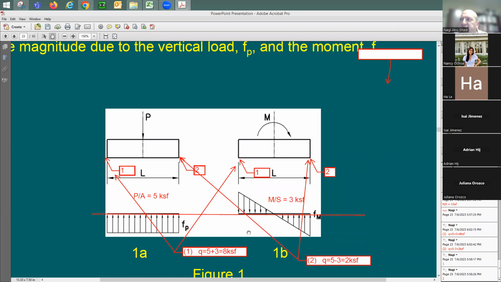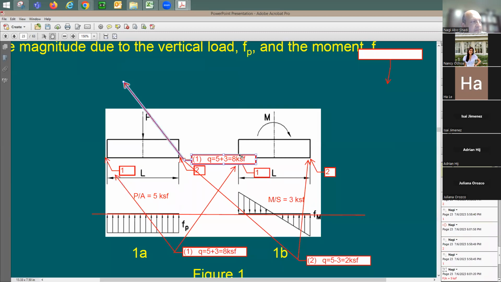Okay, let me change the case here. I need to change the values a little bit. Let's assume for the second case, P over A is equal to 4 KSF, just assuming, right?